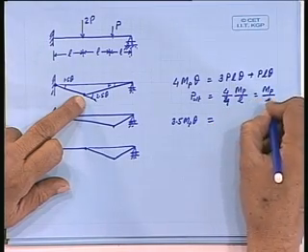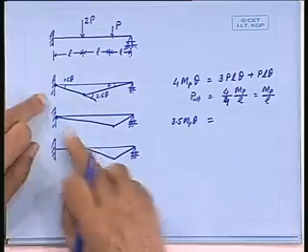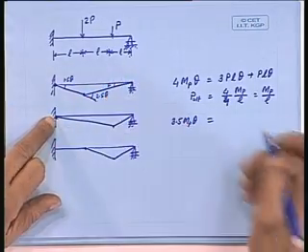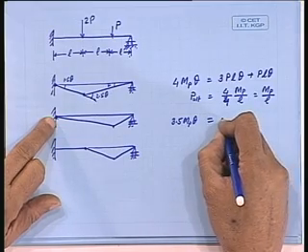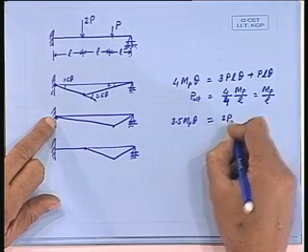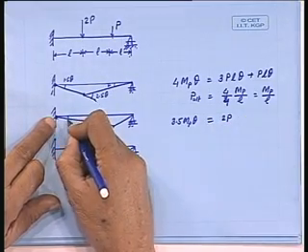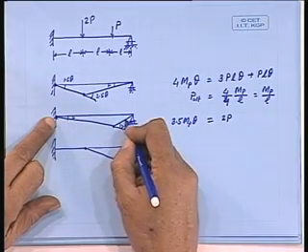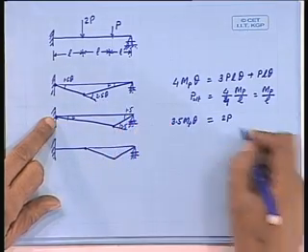Okay. In this case, this is the load. This point is coming down how much? 2P into L theta. This is theta, this is 3.5, this is 1.5.